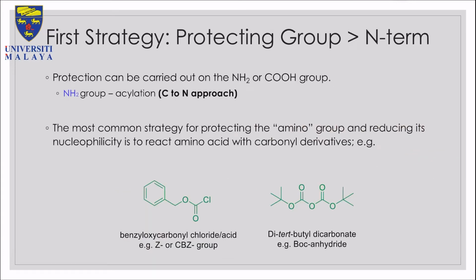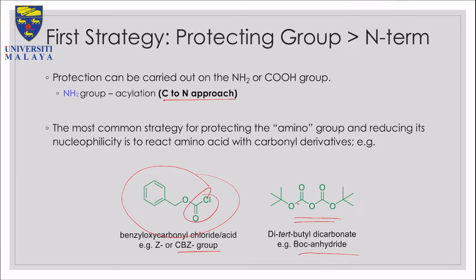So looking at the second option, where we have the amine group, how do you actually do it? Acylation, which is the C2N approach that I just mentioned. The most common strategy for protecting the amino group and reducing its nucleophilicity is to react the amino acid with carbonyl derivatives, the easiest way to do it. For example, over here you have the CBZ group, an acid chloride, or you have a Boc anhydride structure.